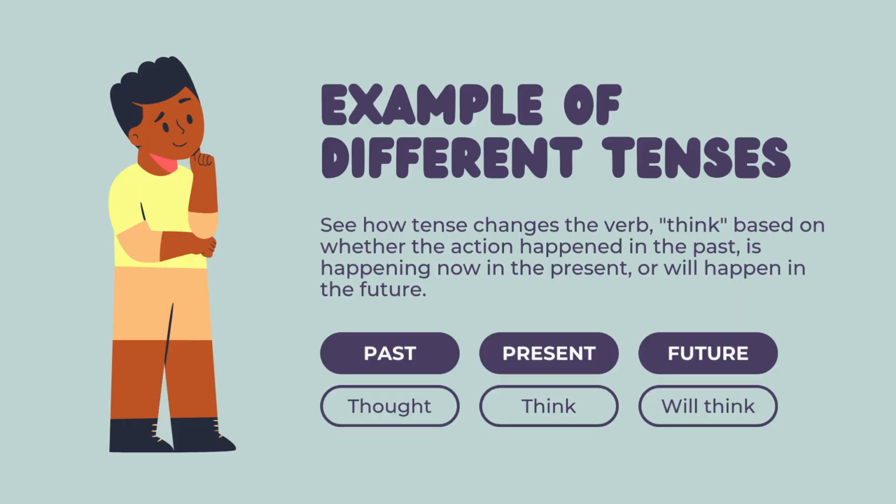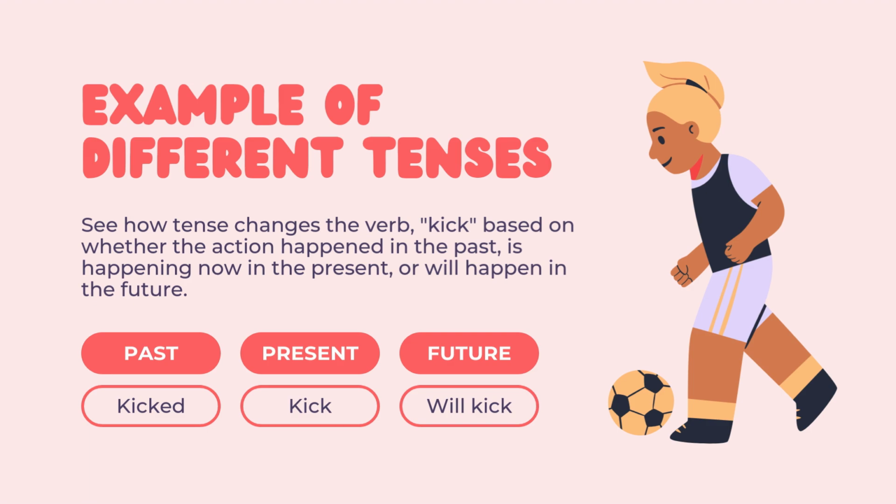Think, in present; in past, it will become thought, and in future, it will become will think. In present, kick, and in the past, it will be converted into kicked, and in the future, it will be converted into will kick.